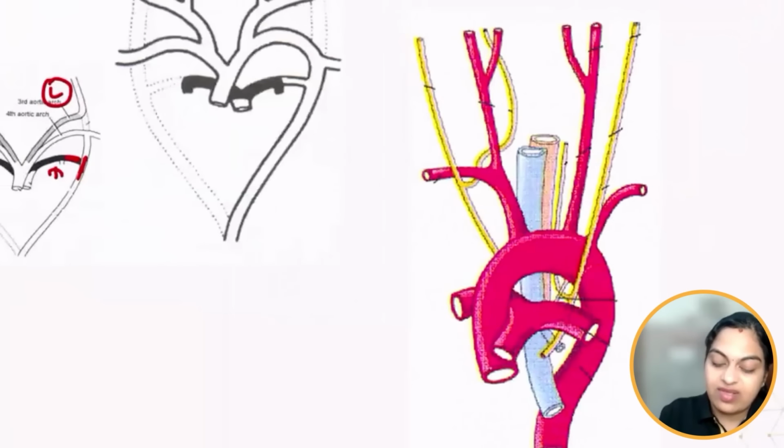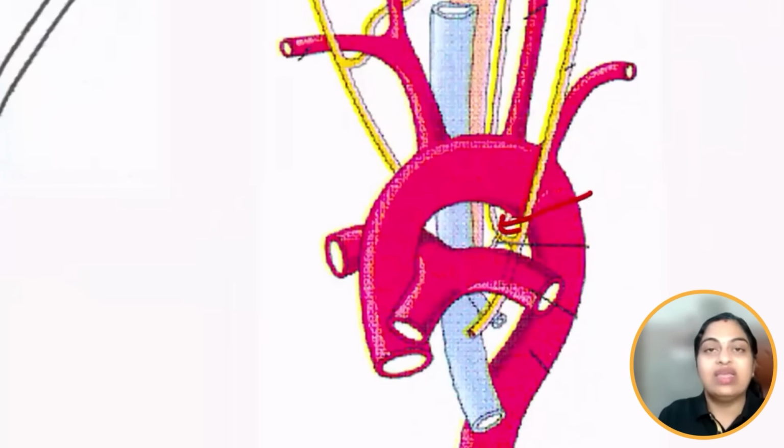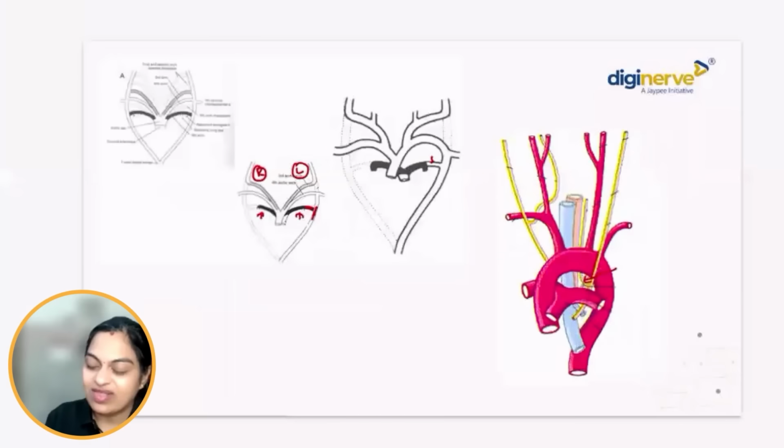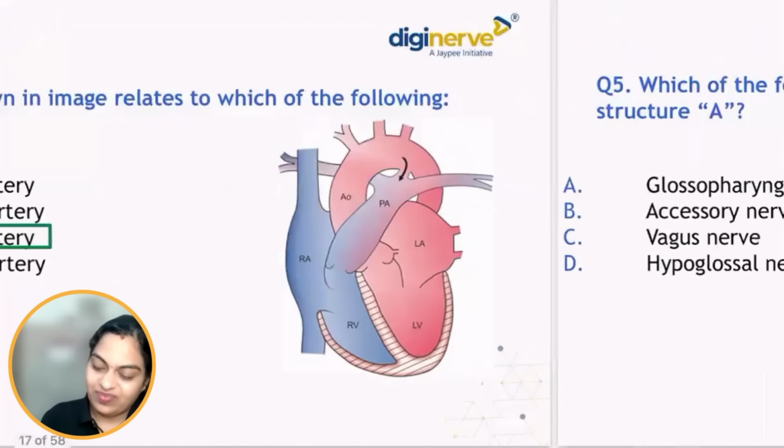Normally, it disappears later and it forms the ligamentum arteriosum. It obliterates to form the ligamentum arteriosum. If it persists, we are going to call it the patent ductus arteriosus, right? And the anatomical basis goes back to the anomaly related to the left sixth pharyngeal arch artery.